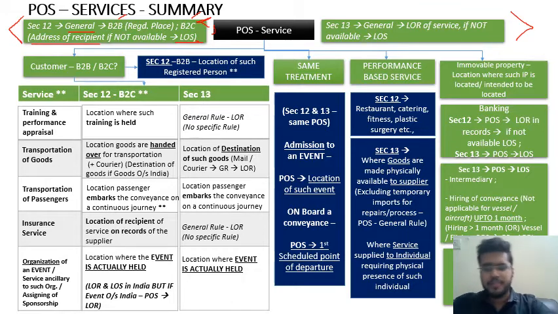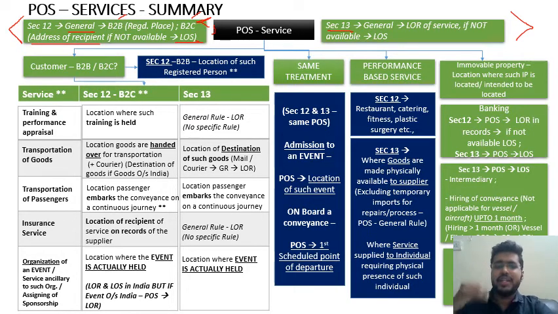Section 13, guys. What is the general rule for section 13? Here you have one party outside India, supplier or recipient, one party outside India. Here the default rule is that the place of supply will be the location of the recipient of service, right? Always the place of supply is the recipient's location when it comes to section 13, general rule, right?